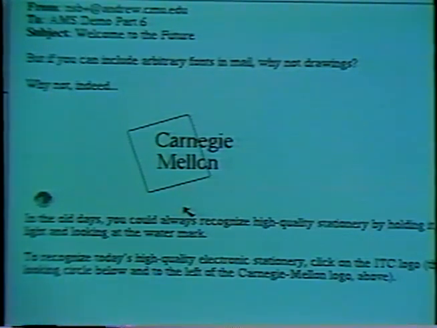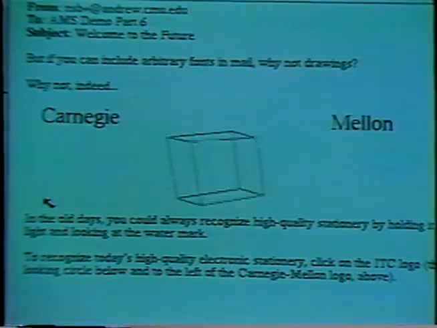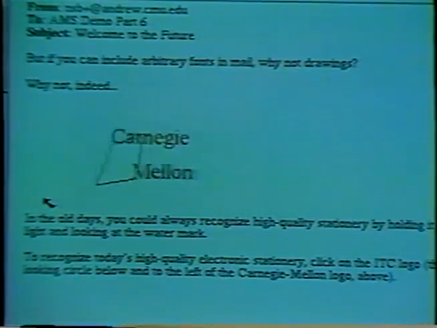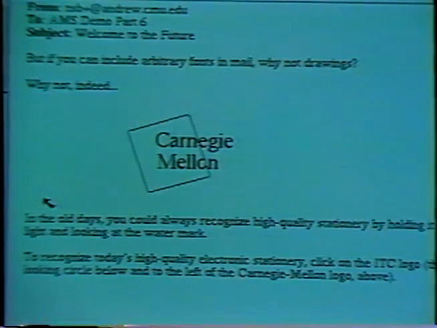It is possible to include dynamic objects that will actually interact with the user. In the old days, one could always recognize high-quality stationery by holding it up to the light and looking at the watermark. In the electronic era, one can recognize high-quality electronic stationery by seeing how it animates.